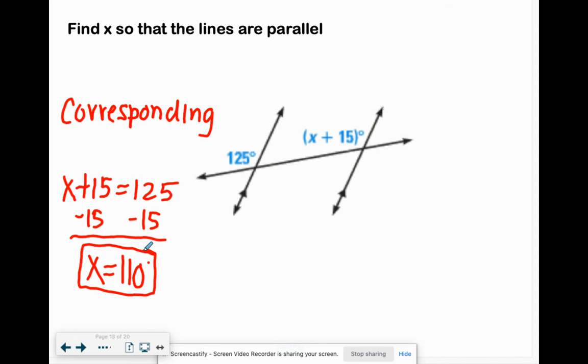Okay, if you want to go into your purple packet, we are on the creamish color worksheet.